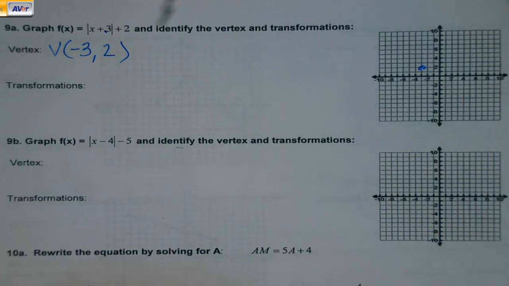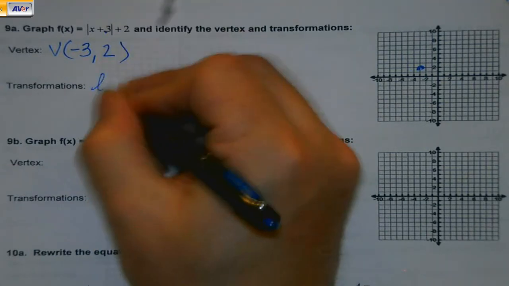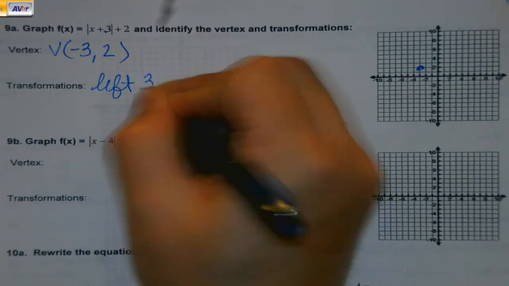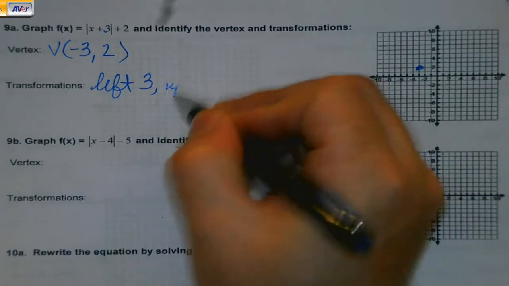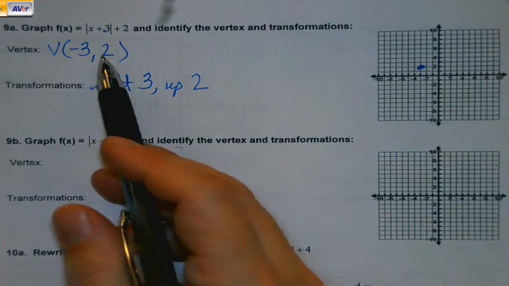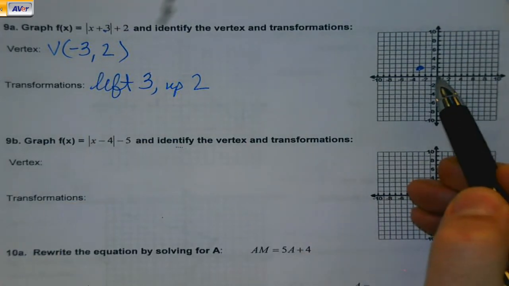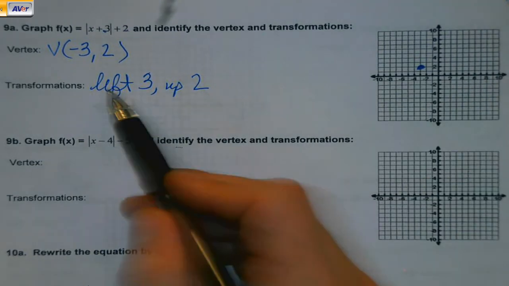Transformations. Just like it was with the radicals that we were doing before, this is my left, right. So left 3. And this is my up, down, and it stays the way that it's supposed to. And I also would notice if I did my vertex first, if you start at 0, where did you go? You went left 3 and up 2.